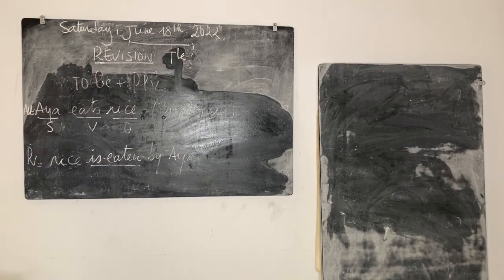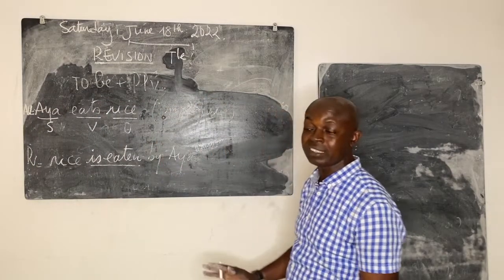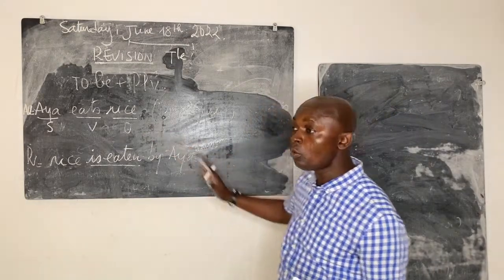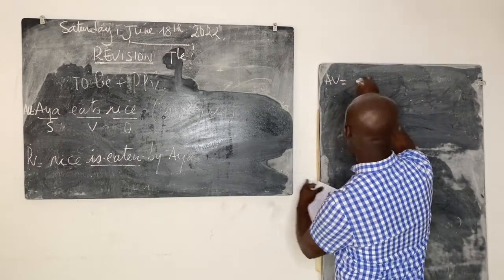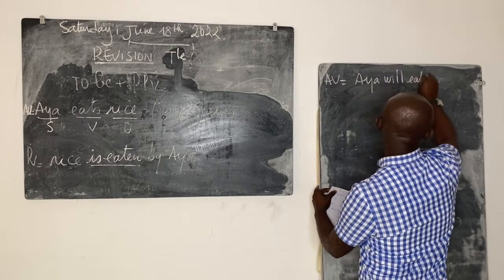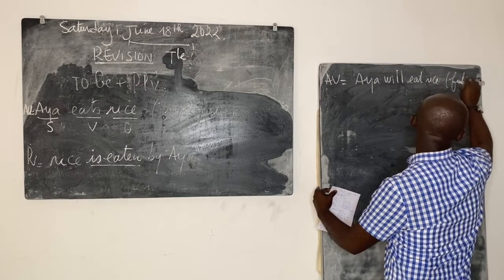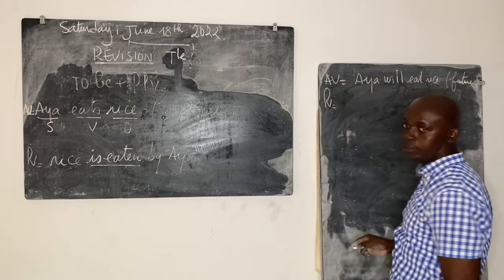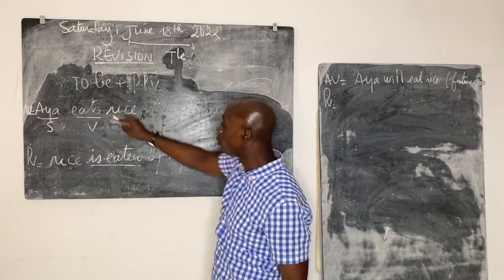And what about the future passive? We're going to keep the same sentence just to allow you to understand how the passive voice works. So the active voice is going to be Aya will eat rice. This is the future simple. And the PV, the passive voice, uses the same technique.